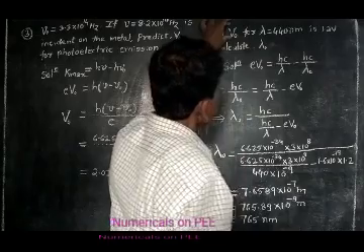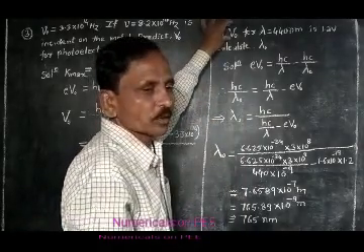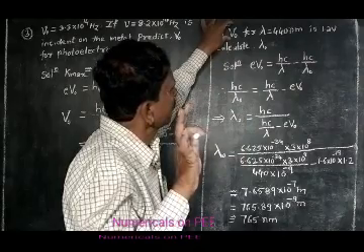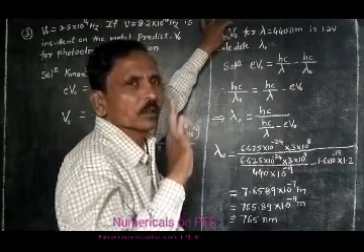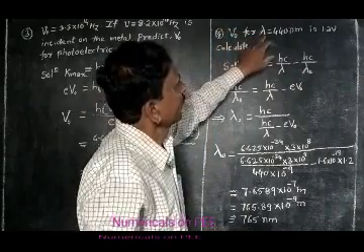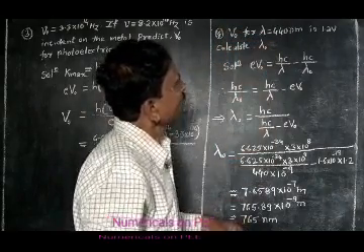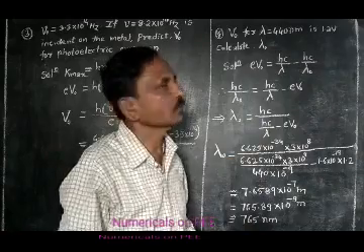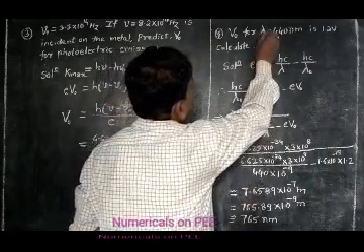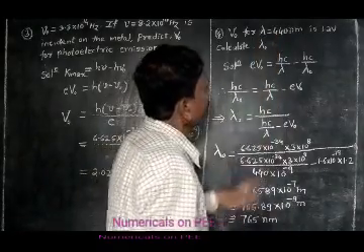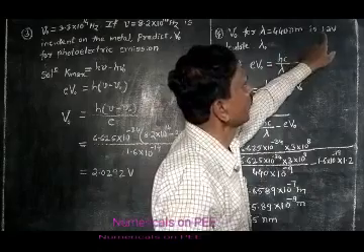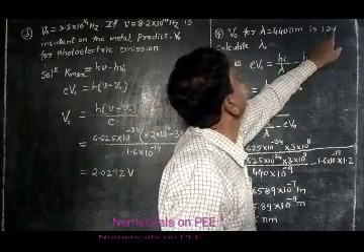The stopping potential or cutoff potential for a photocell for a light of wavelength 440 nanometer is 1.2 volt.